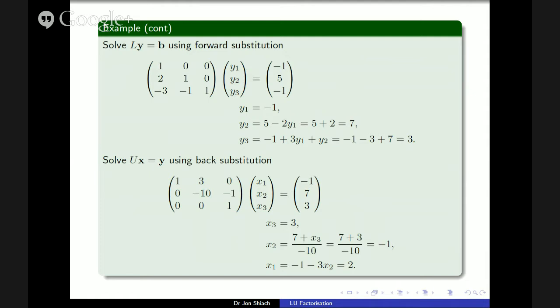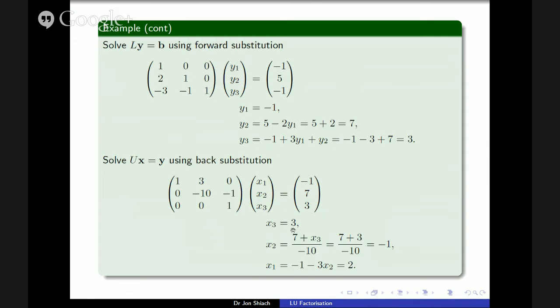Once we've got the Y vector, we use that in Ux equals Y and solve. So this vector here is your Y vector. Here's my U matrix from the LU factorization. And we go backwards, we back substitute. So in this case, 1 x3 equals 3.